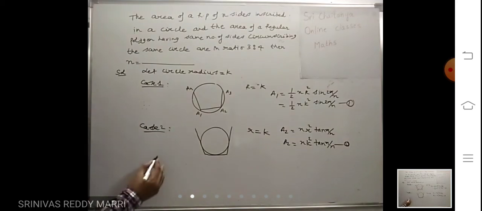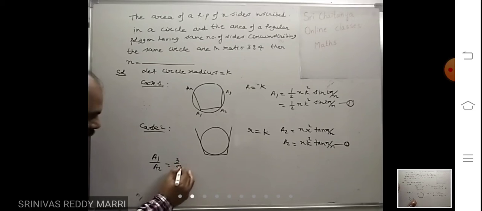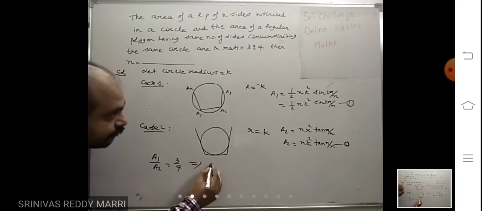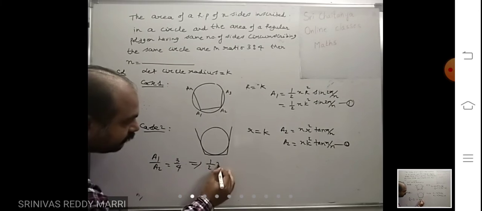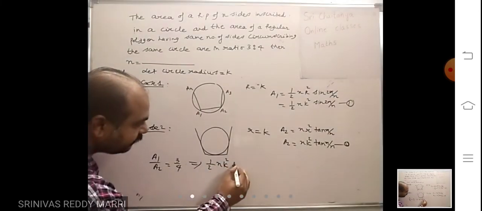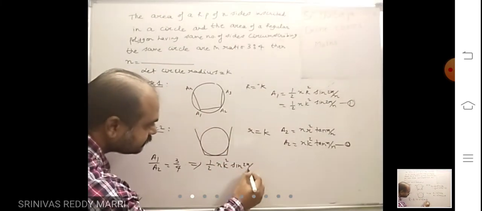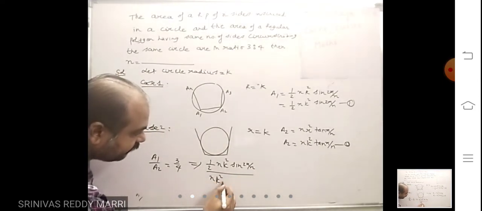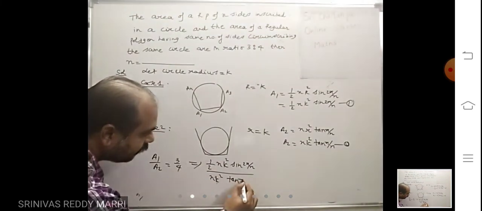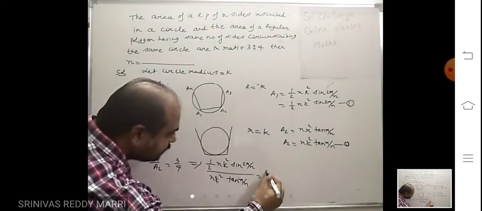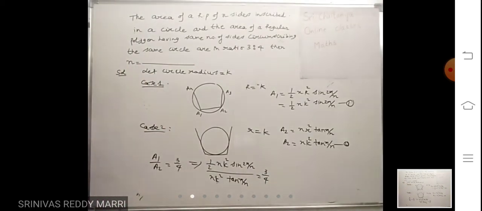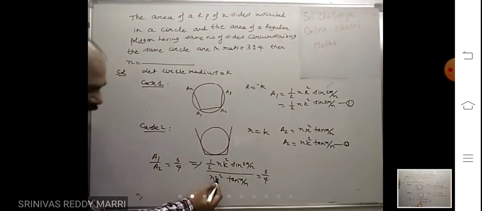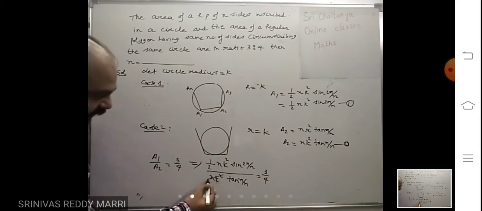So given that A1 by A2 is 3 by 4. Now substitute: 1 by 2 n k square sine 2 pi by n divided by n k square tan pi by n is 3 by 4. So n k square and n k square get cancelled.